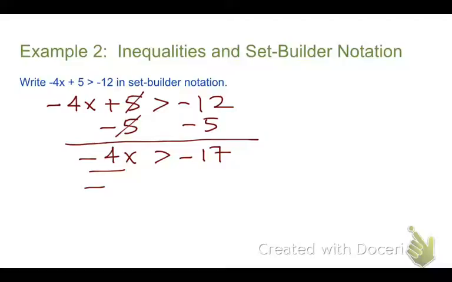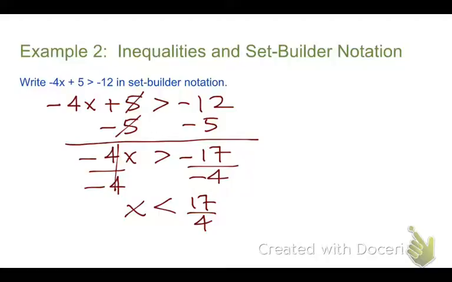Divide both sides by negative 4. And we get negative 4 over negative 4 is 1. But we have divided by a negative number, so we switch the direction of the inequality. Negative 17 divided by negative 4 is 17 fourths.